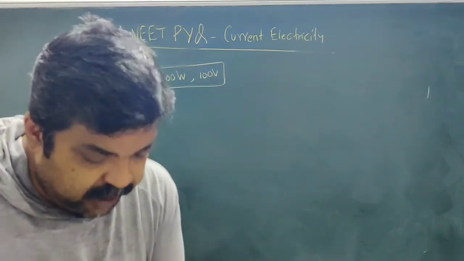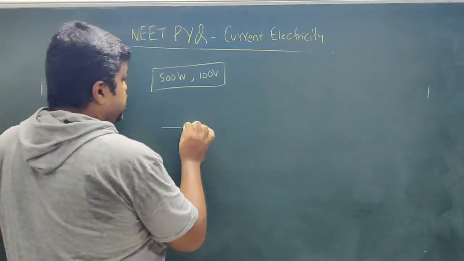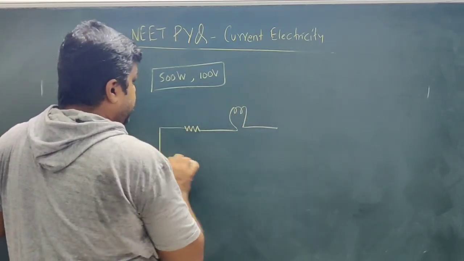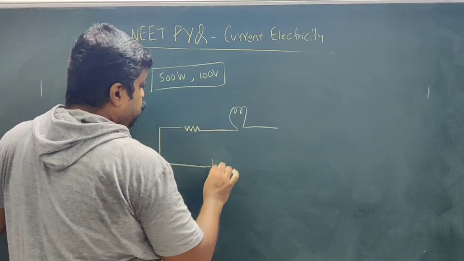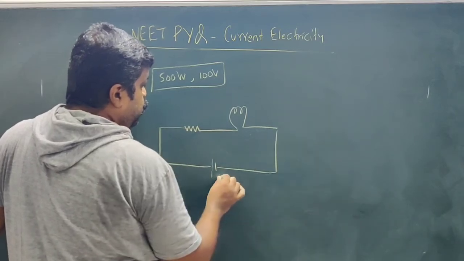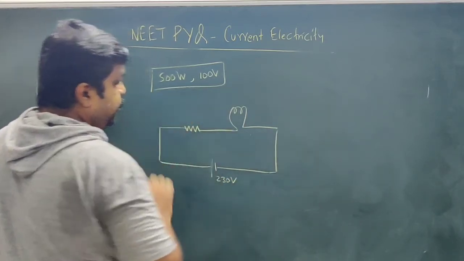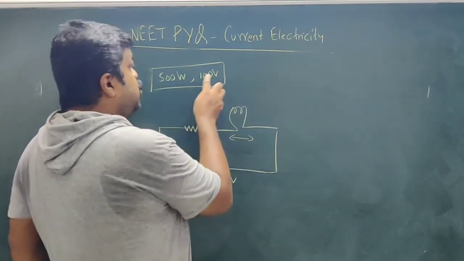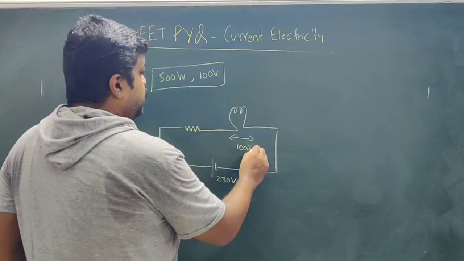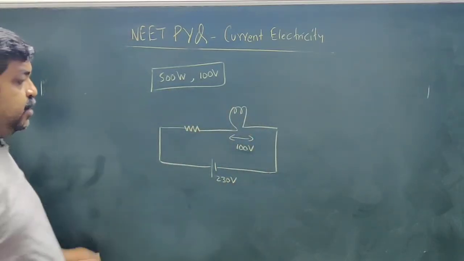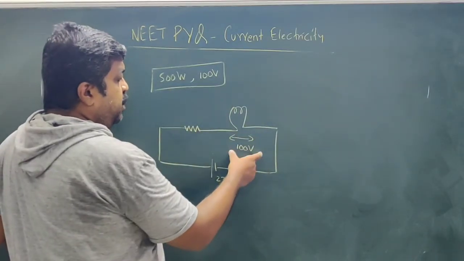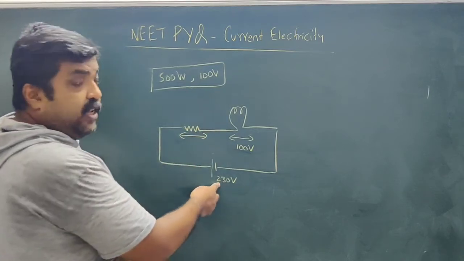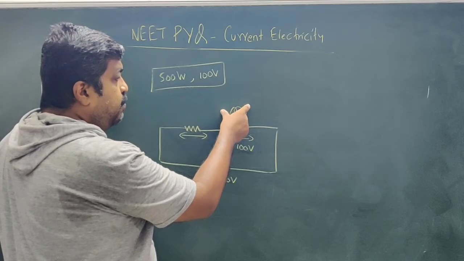So here, this is resistance R and this is the bulb, and it is connected to a 230 volt source. Now here the bulb consumes 100 volt, so that means the total is 230, and only the bulb should get 100 volt.